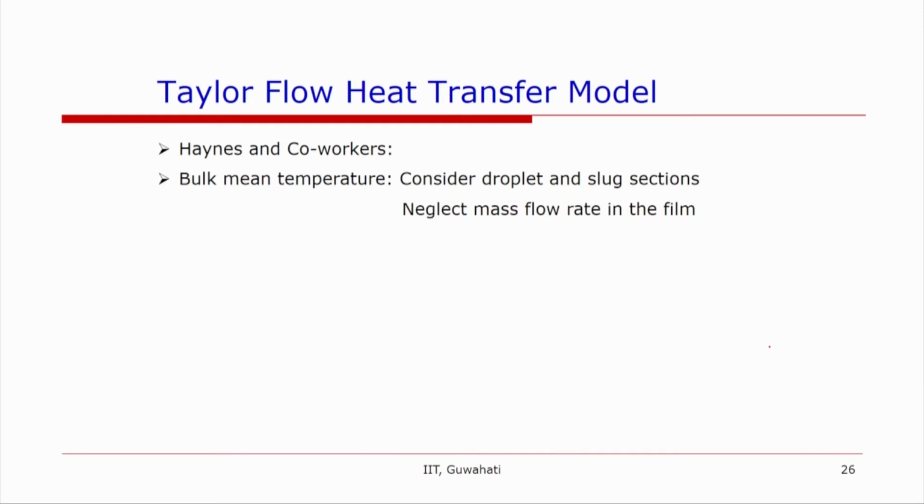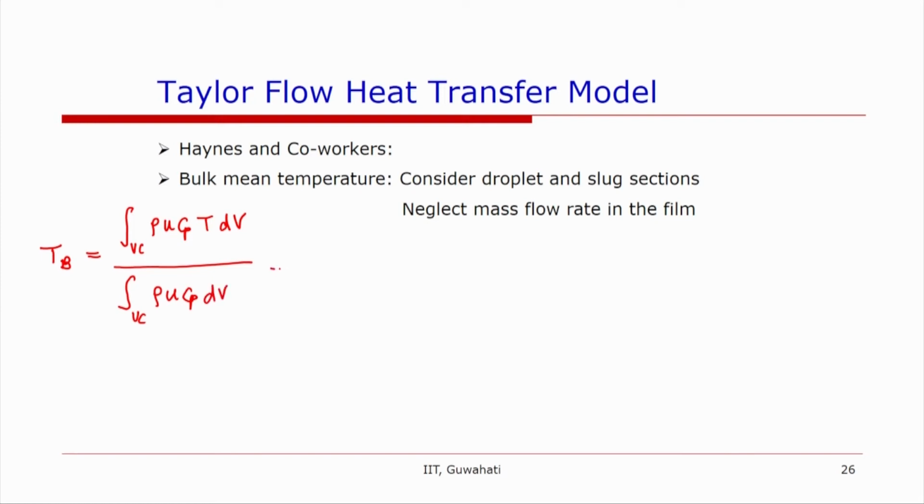Okay. Now, we will define the bulk temperature. So, bulk mean temperature can be defined as integral for a unit cell rho u Cp T dV divided by integral for a unit cell rho u Cp dV.